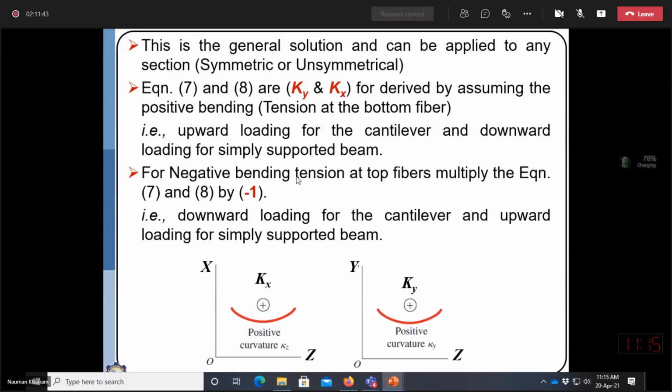So if the tension is on the top surface, we need to multiply this curvature by -1, because equations 7 and 8 are derived for positive bending moment. If the moment is negative, just multiply the curvature equations ky and kx by -1. So that is downward loading for a cantilever and upward loading for a simply supported beam.